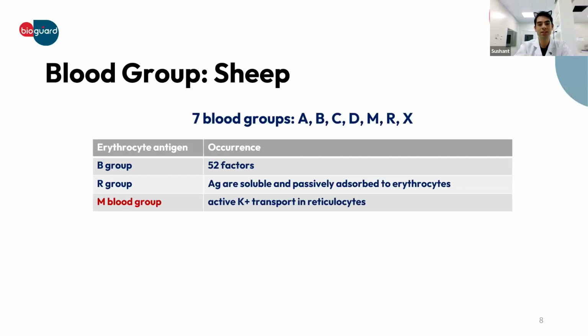And for the R group, the antigens are soluble and passively absorbed to erythrocytes, which makes it very rare as well. And the M group, for example, is again a special case where instead of acting as a blood group, it also helps in the active transport of potassium ions between the reticulocytes.